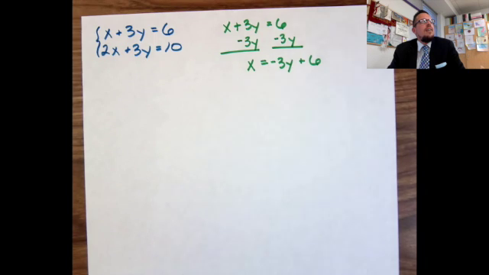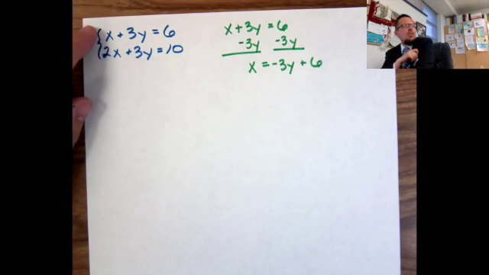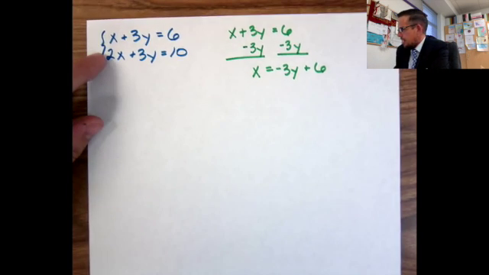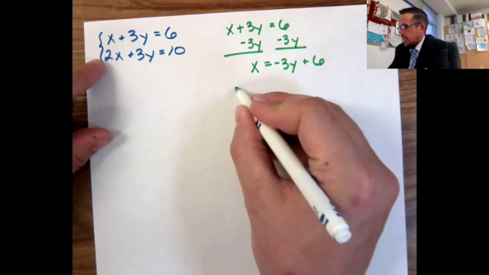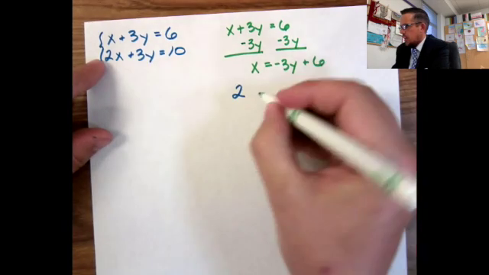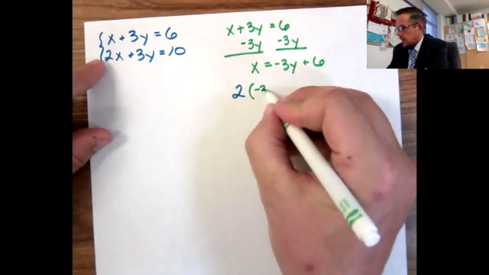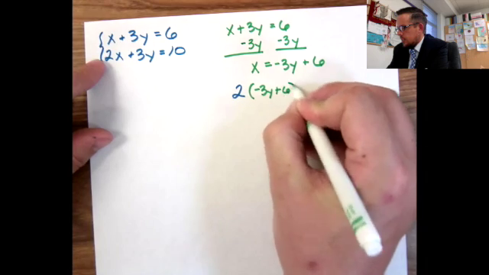Great. I just solved the first one, so when I substitute, I'm going to substitute into the second one. So I'm going to take this equation right here, 2x plus 3y equals 10, and everywhere I have an x, I'm going to replace it with negative 3y plus 6. So instead of 2 times x, it'll be 2 times negative 3y plus 6.